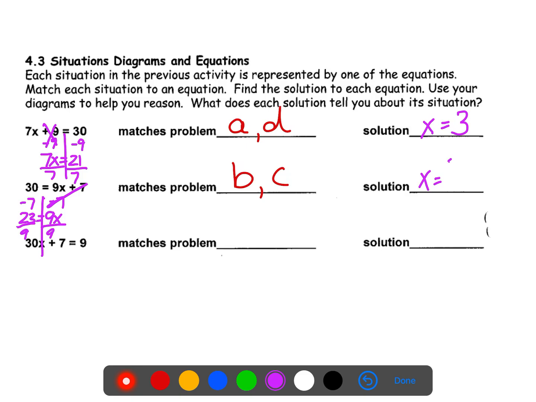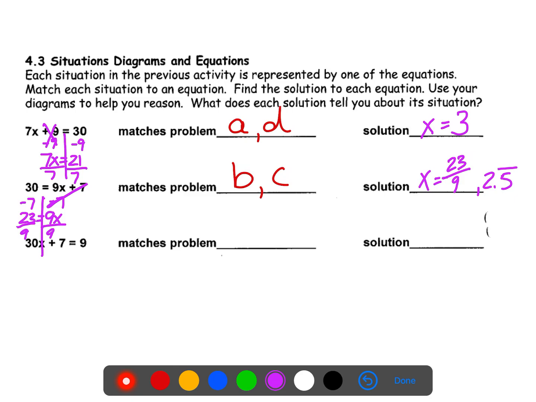I could just write 23 divided by 9, or I could write that as a decimal, which is not quite as good because it's a repeating decimal, so it'd be 2.5 repeating. But either way is going to represent that.